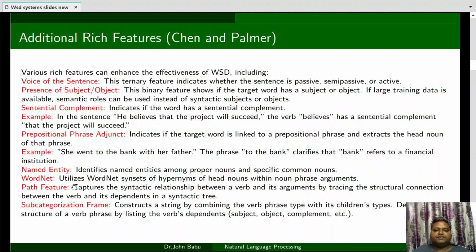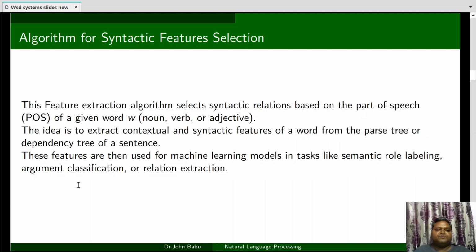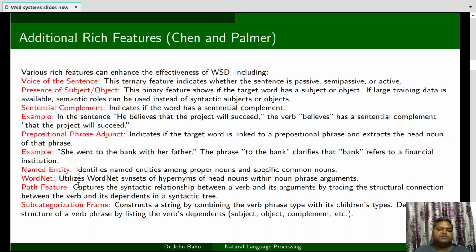And not only that, we can combine a verb phrase from its children and use that as a frame. So these are the features used for word sense disambiguation in the supervised method.